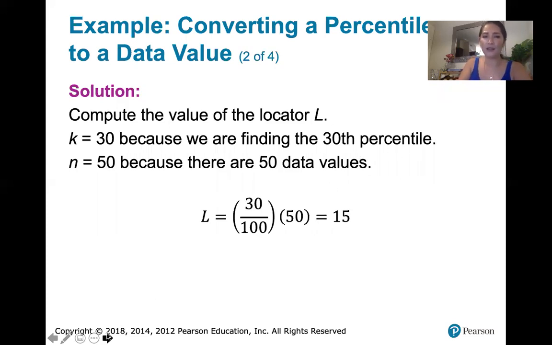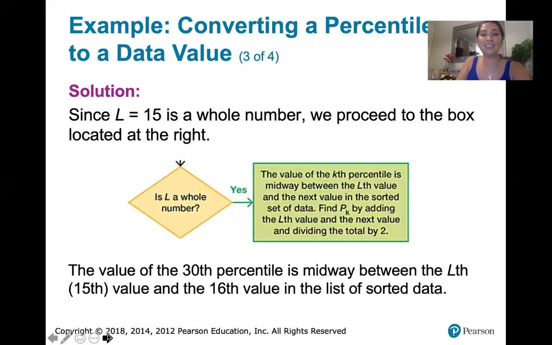Now, at this point, you don't just look at the 15th value on the list, you look at whether or not L is a whole number. Since L is a whole number, we don't take the 15th value on the list. We want the value halfway in between the 15th value and the next one, so the 15th value and the 16th value. That is going to be the 30th percentile for this data set.